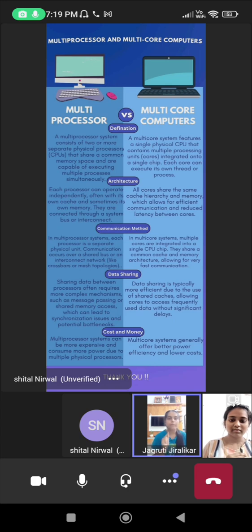It performs the basic arithmetic, logic, control, and input-output operations specified by the instructions of a computer program. Now let's see multi-core computer systems, which are a sophisticated evolution of traditional computing architectures. They leverage microprocessors at their core but emphasize modularity and efficiency.